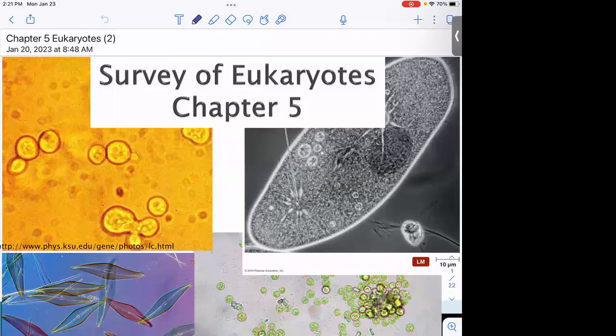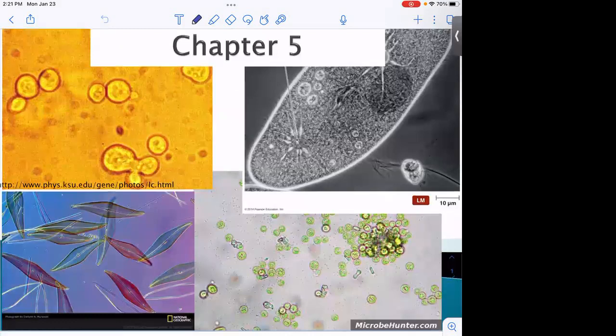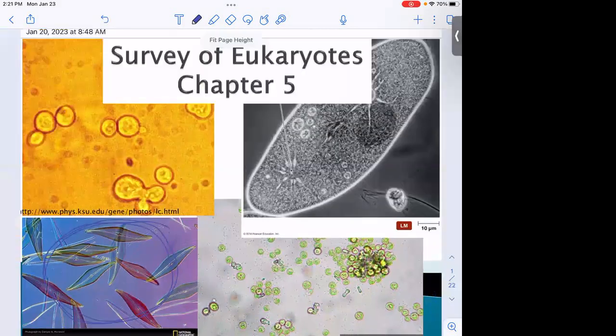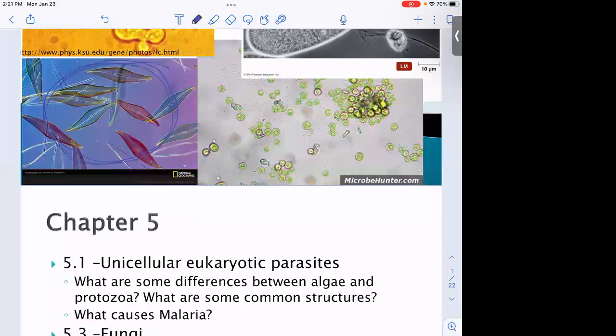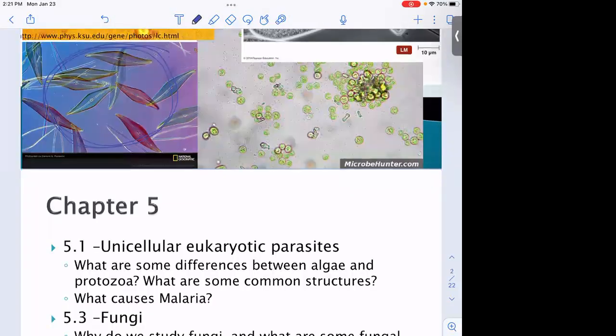And I've referred to some of them already just this lecture, but that can include fungi like the yeast here, different kinds of protozoa down here, different kinds of algae, so freshwater algae. These here are diatoms, those are marine algae.